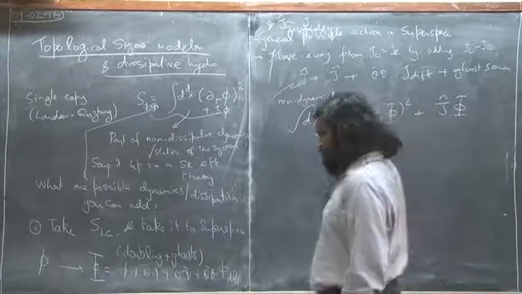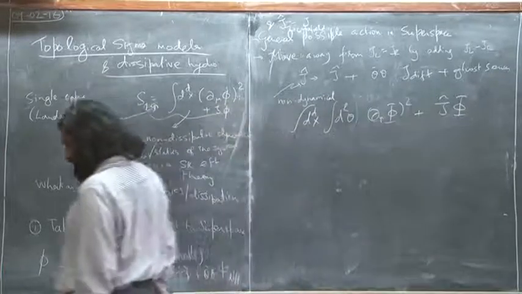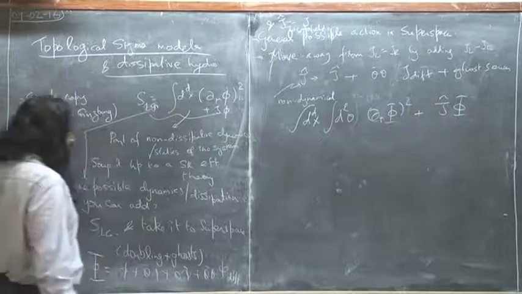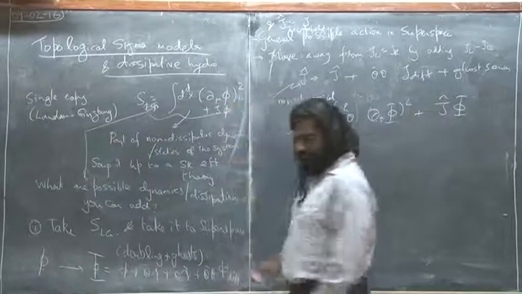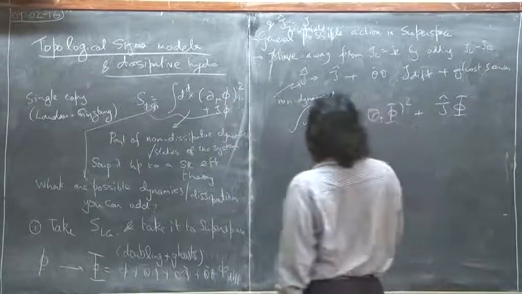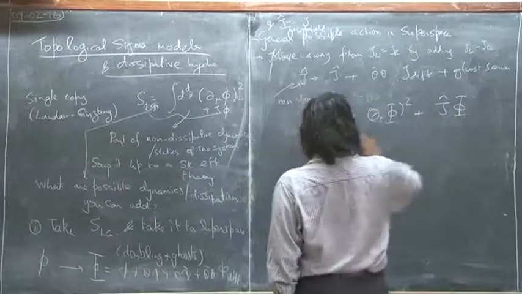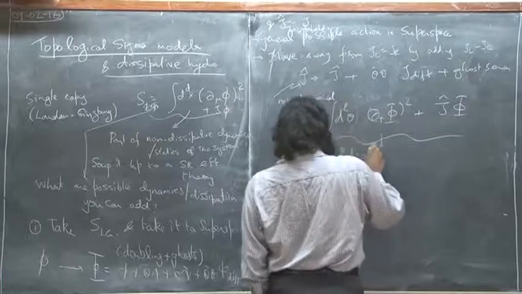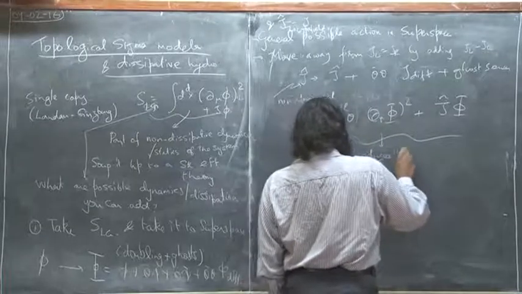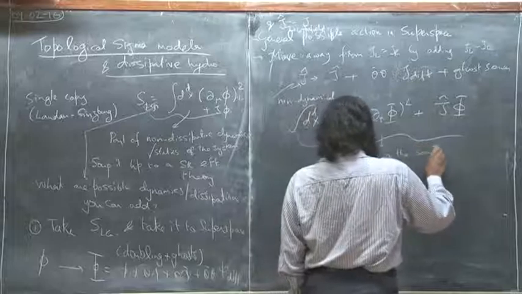So what this theory does is that at bare minimum, it reproduces the same kind of static correlators. So what we have done is that this theory reproduces the same correlators.